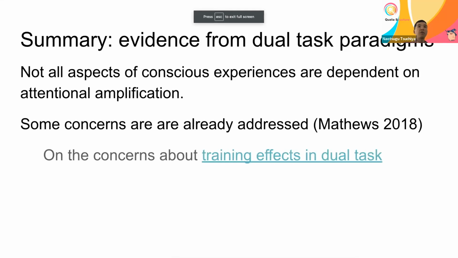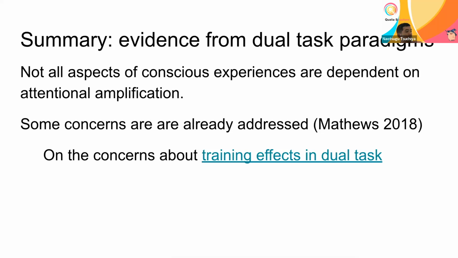Some of them include concern about training effects in the dual task. So in the previous dual task, to stabilize the performance of the task, participants were required to do the training on the central task and peripheral task separately. And then after roughly 10 hours of the training, they started to do the dual task.